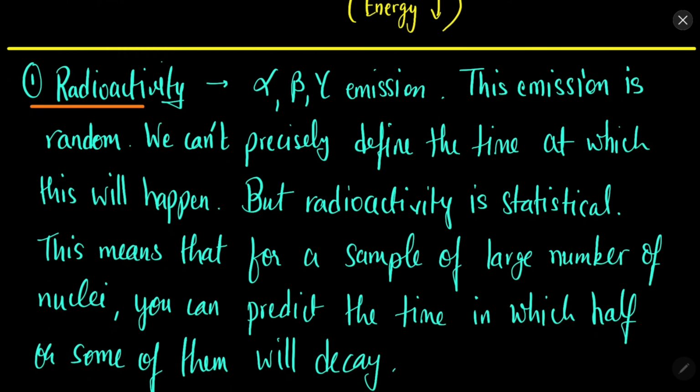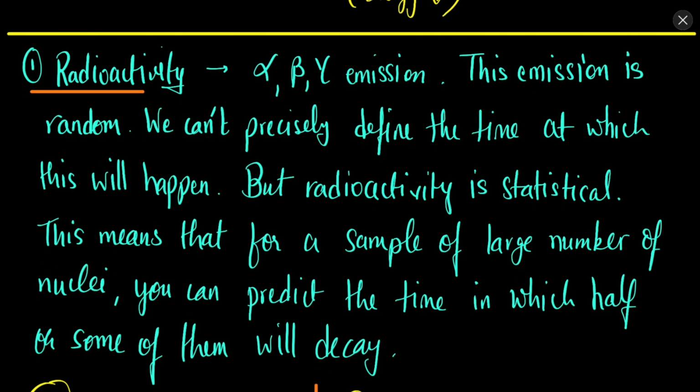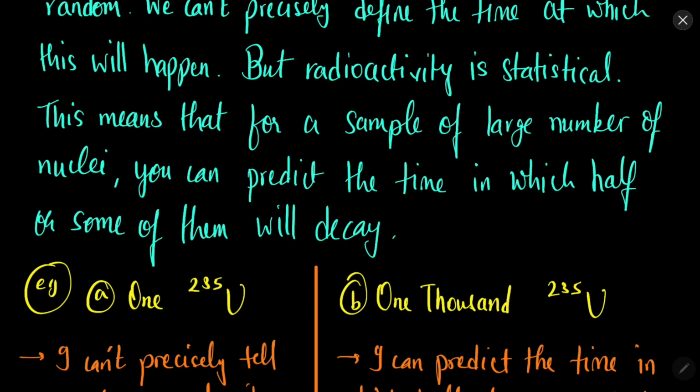So what is radioactivity? Alpha, beta, gamma emission, because of the unstable atom. This emission is random, we cannot precisely tell that at this particular time this atom will decay or this atom will emit some alpha, beta, gamma rays, but we can predict the statistical radioactivity.